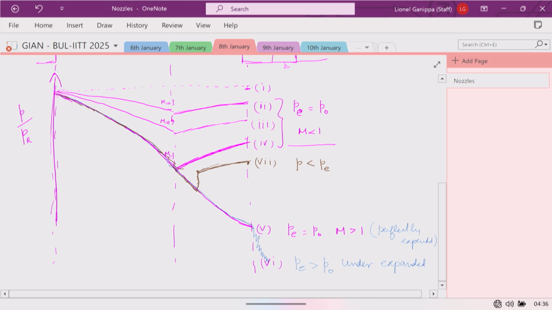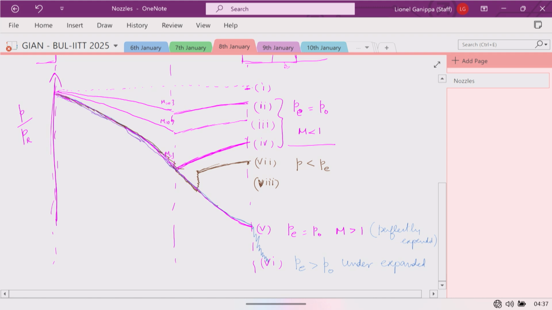Now let's drop the pressure even further, here, 8. So the flow expands isentropically and then expands isentropically, and it has overexpanded.